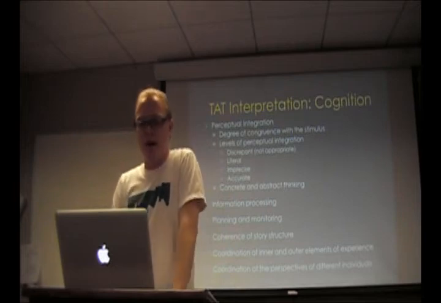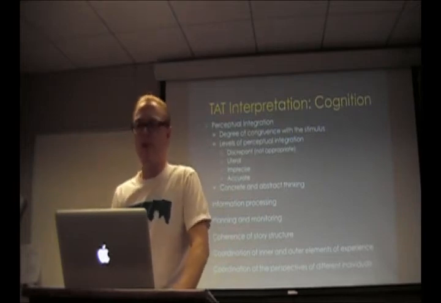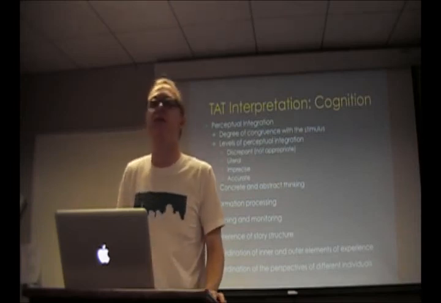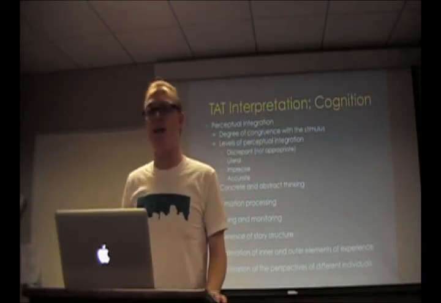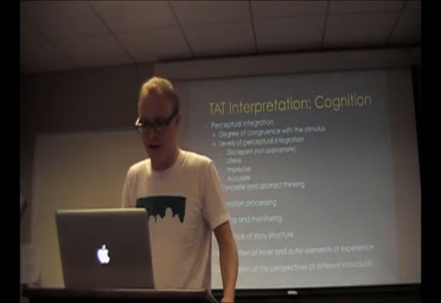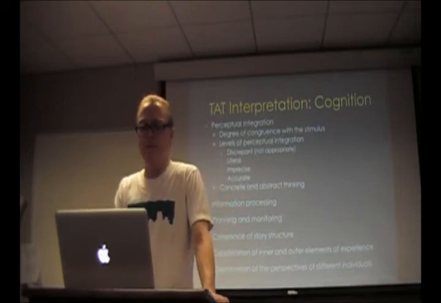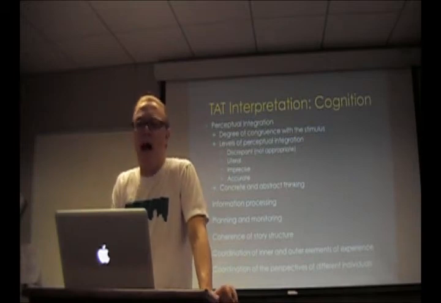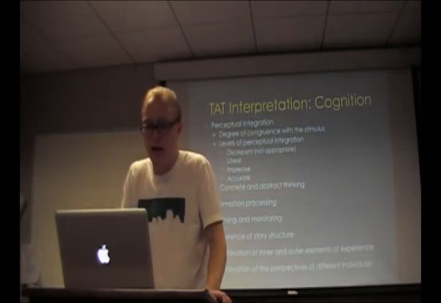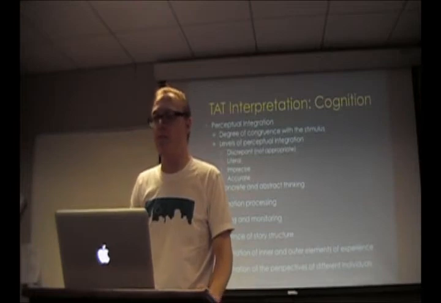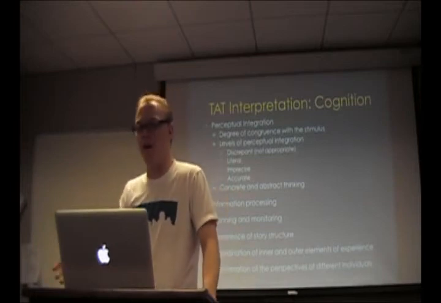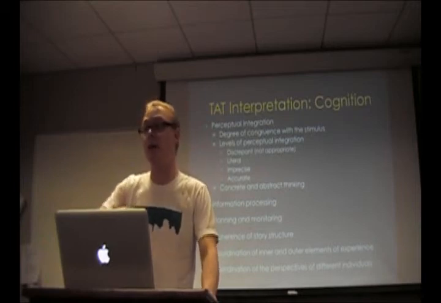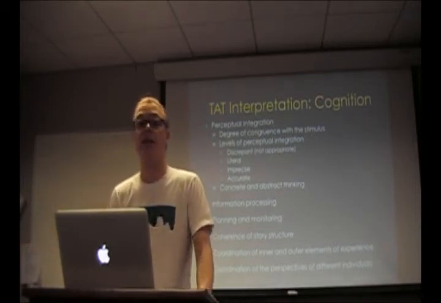It's less on the internal drives and motivations and latent content, and it's more like, well, how are they able to perceive this? How are they able to make a story out of this? Are they going off what's in the stimulus, or are they just taking it somewhere else that has nothing to do with it?